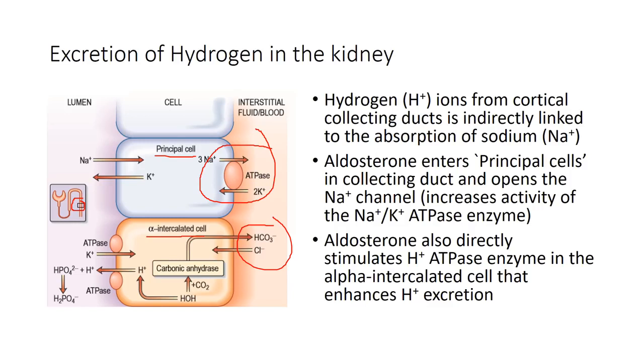So you've got sodium bicarbonate being reabsorbed again into the blood. But also in the alpha intercalated cell, you have exchange of hydrogen that basically goes across the other way back into the urine, and that can be mixed with phosphate and excreted in the urine.